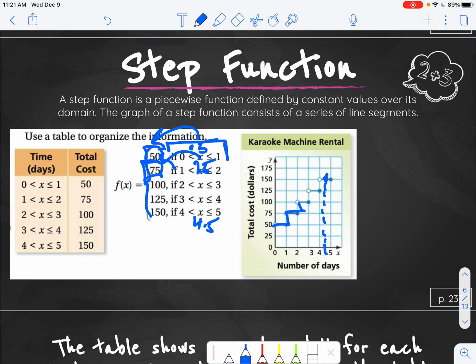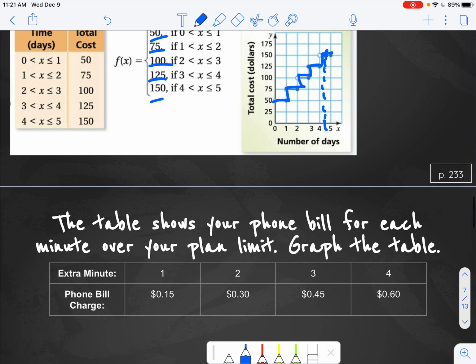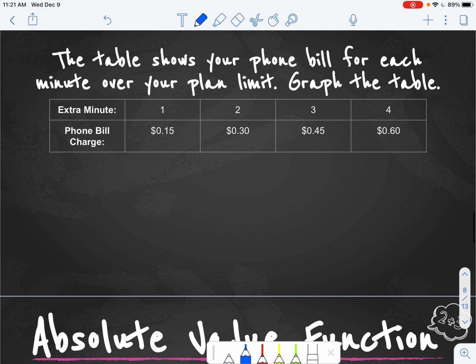So a step function, you can see how it looks like steps. It just has, like it says, a series of line segments on the graph and is defined by constant values over its domain. So if we look at the domain, we have a constant value of 50, of 75, of 100, 125, and 150. So I'll show you an example which I think will help.